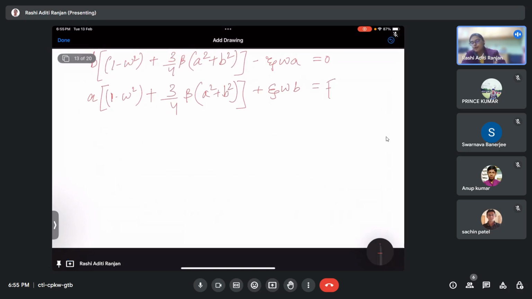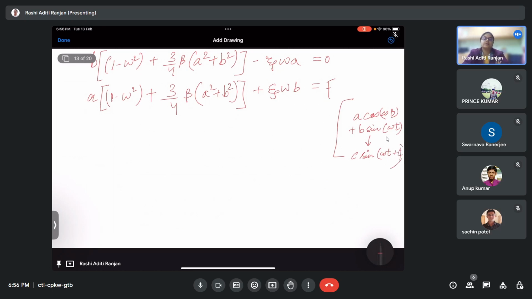Now, if you people remember that for an expression a cos of omega t plus b sine of omega t, we could write it like something like c into sine of omega t plus phi.